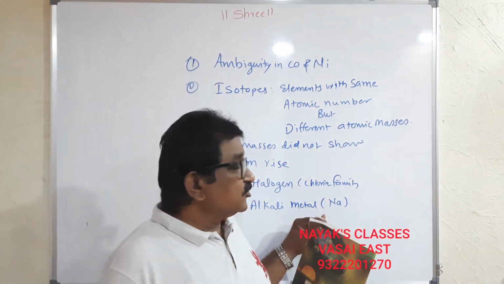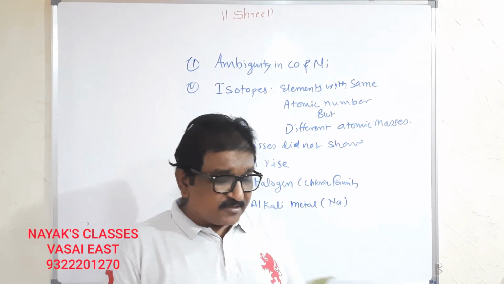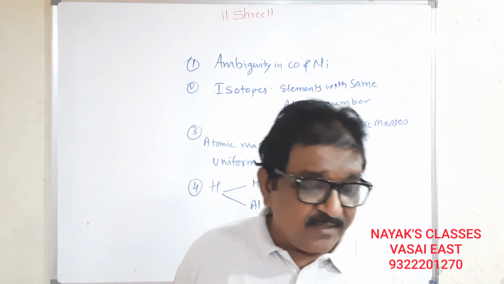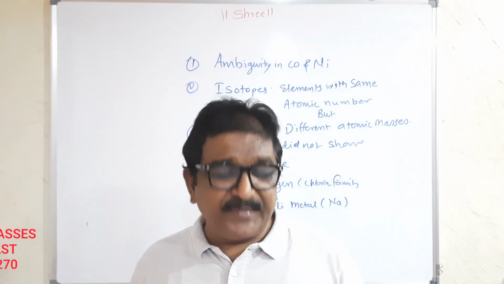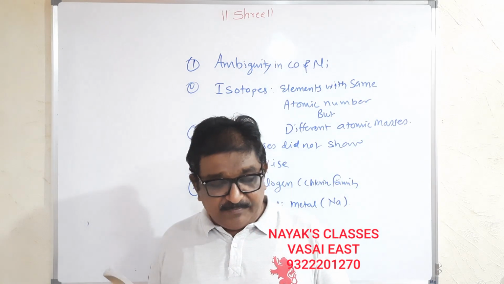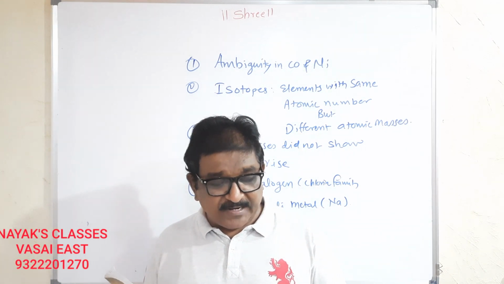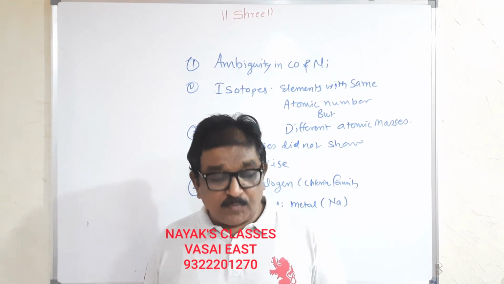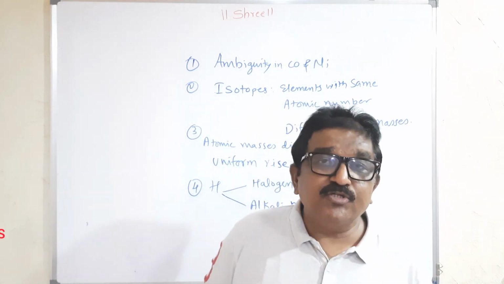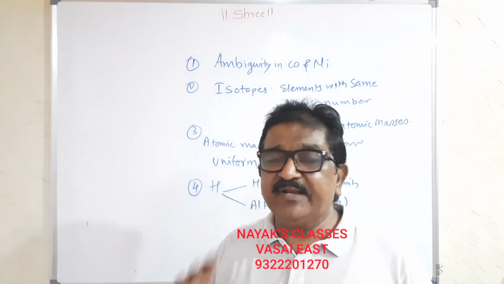So where to put it? That was the question. The position of hydrogen was not decided by Mendeleev's periodic law. On considering the above properties, it could not be decided whether the correct position of hydrogen is in the group of alkali metals or in the halogen group. So these were the four demerits.